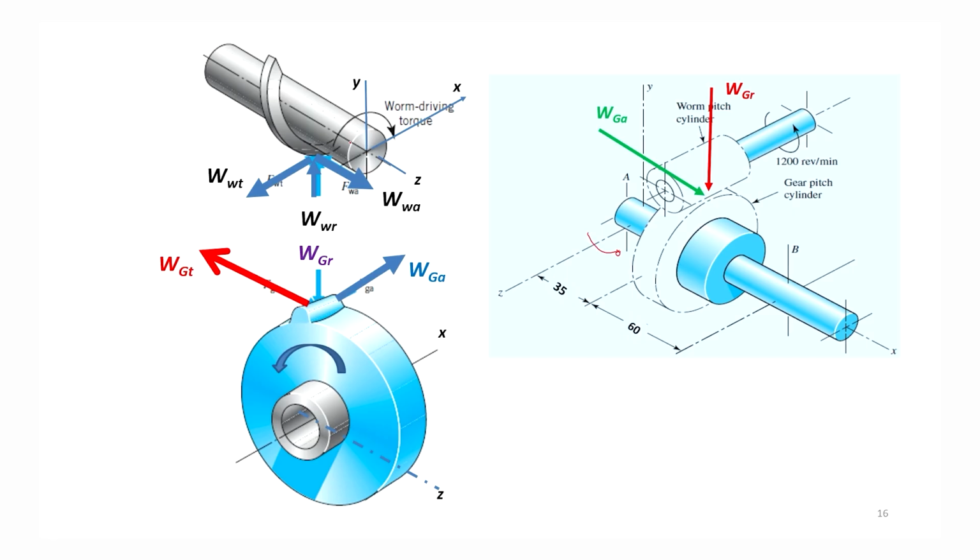This is the worm, the axis of rotation is z and the tangential force is acting in the direction of x, radial force in the direction of y and the axial force in the direction of z. And the reactions of these forces on the gear are the axial force on the gear, radial force on the gear and tangential force on the gear. This is the direction of rotation of the worm.